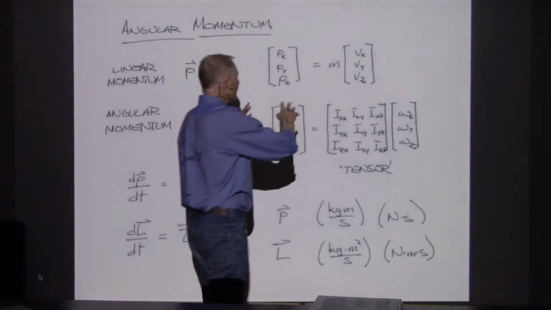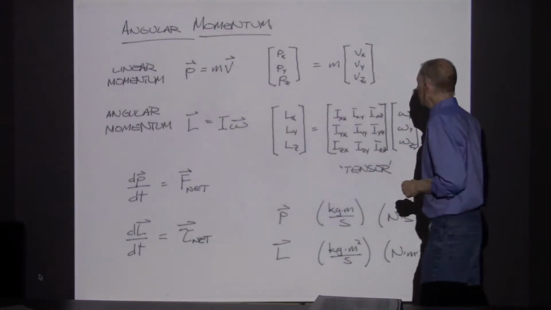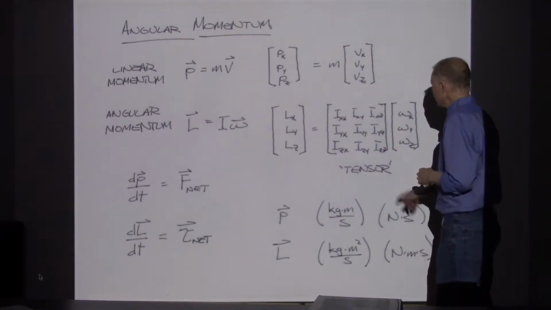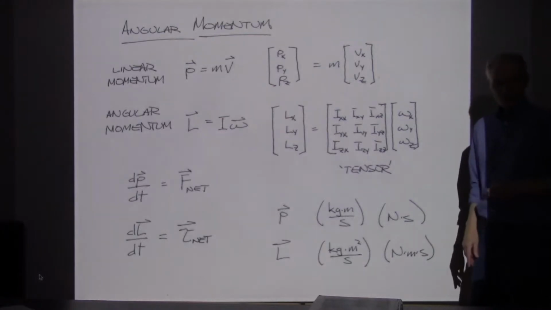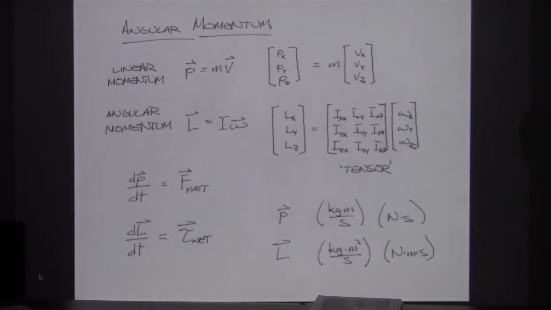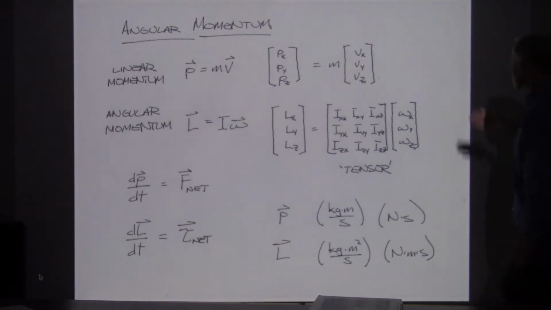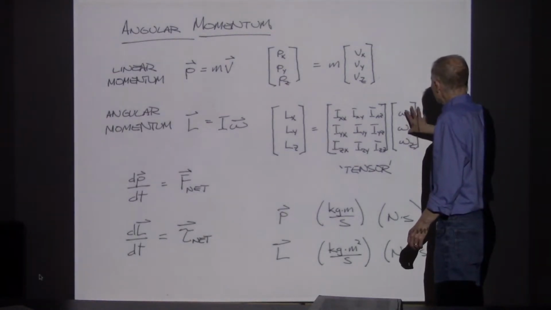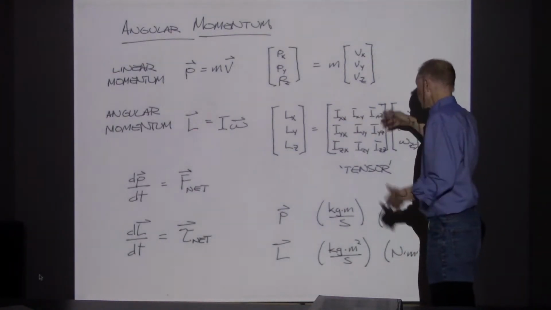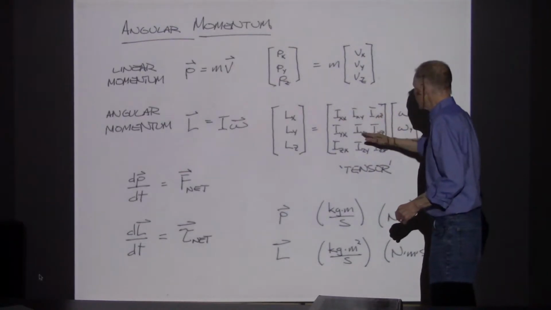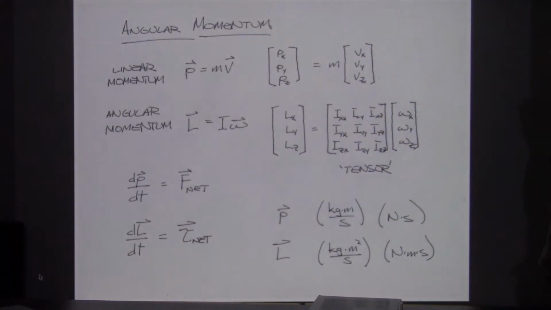And so in general, we have to go in and calculate these. It's a 3x3 symmetric tensor. Now, in physics, quantities that are represented this way, that have not just one column of components, but they have 3 rows and 3 columns, are referred to as tensors.